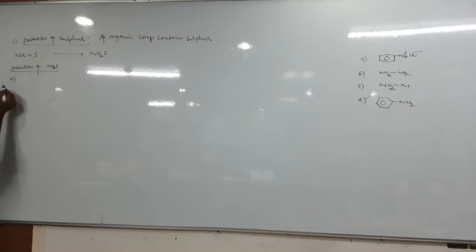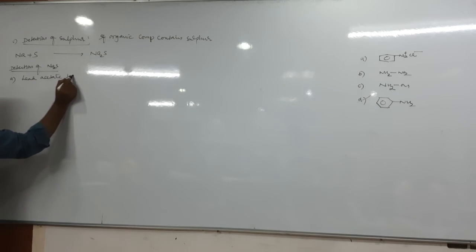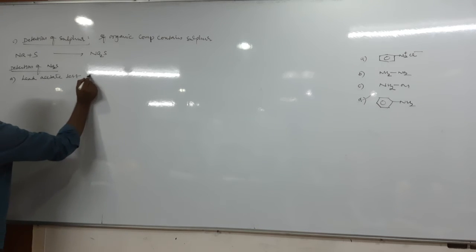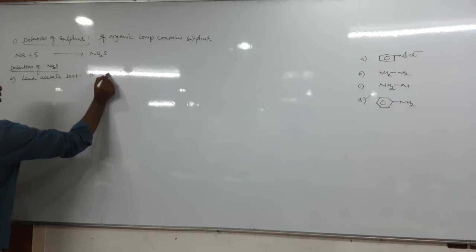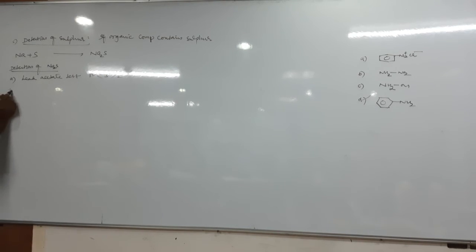There are two methods. One, lead acetate test, even we do in organic chemistry. This is a simple test, lead acetate, Pb(CH3COO)2. Two, sodium nitroprusside test.